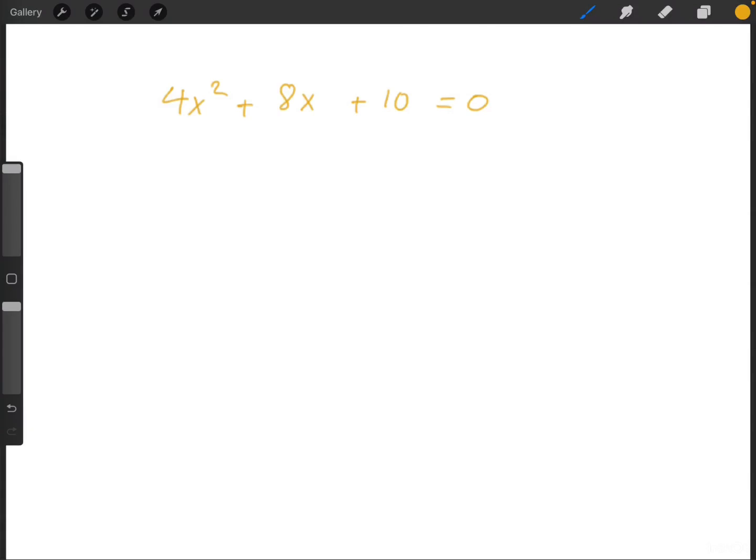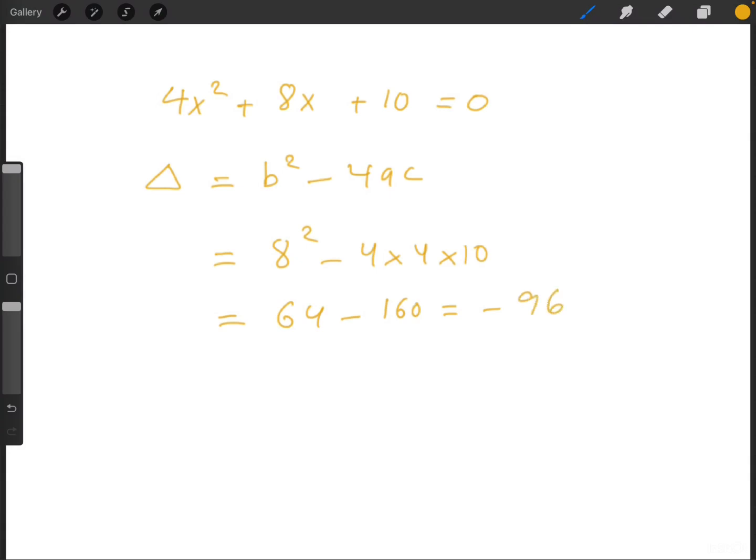This is an example of a quadratic equation. First of all, we find delta, which equals b squared minus 4ac, which is 8 squared minus 4 times 4 times 10, which equals 64 minus 160, which equals negative 96.